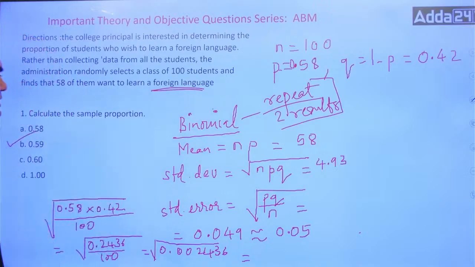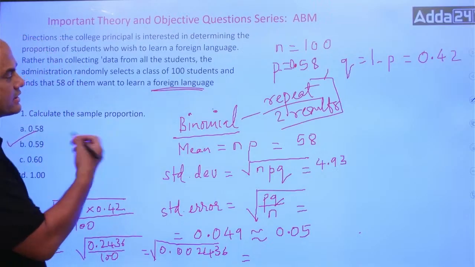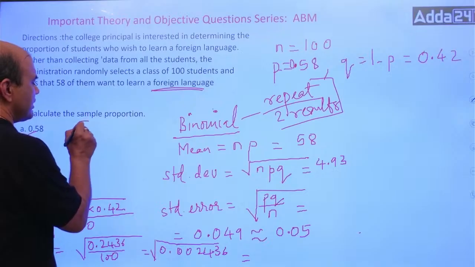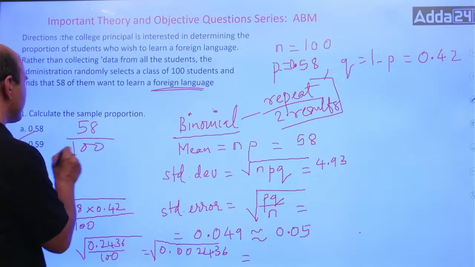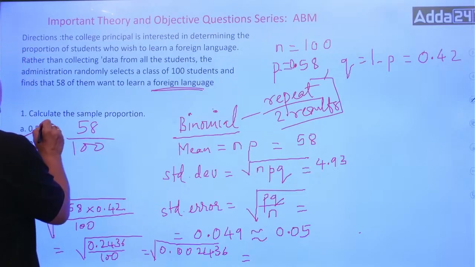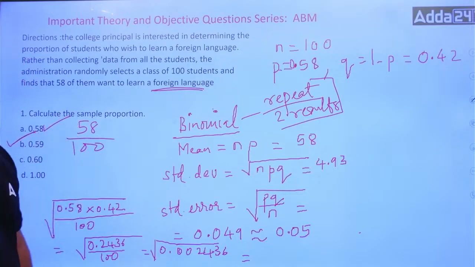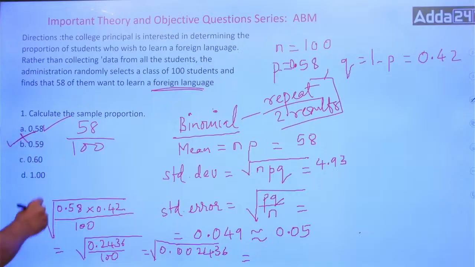Sample proportion means what is the success, means 58 divided by number of students, 100. So it is 0.58. So answer is A, not B. This B I have marked, that is wrong. 0.58 is the sample proportion.